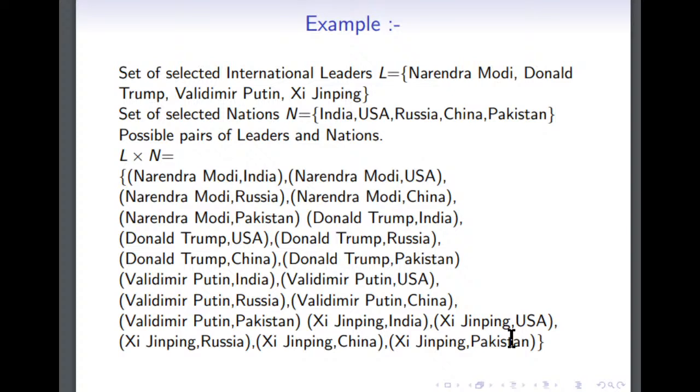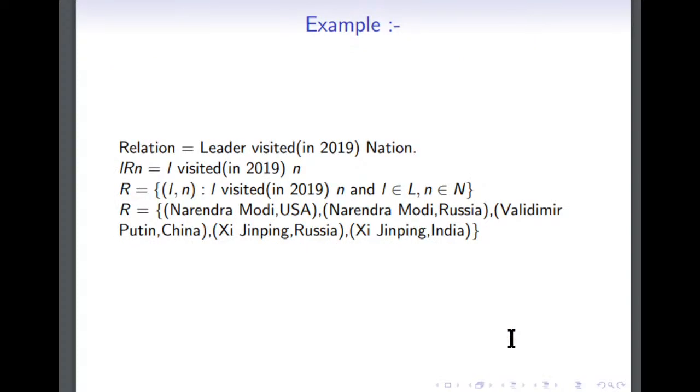Now let's go further. Something interesting is going to come. Now I define a relation: leader visited a nation in 2019. I collected this data from Wikipedia on which selected international leader visited which selected nation in 2019. I found some results, and how can I represent this relation?